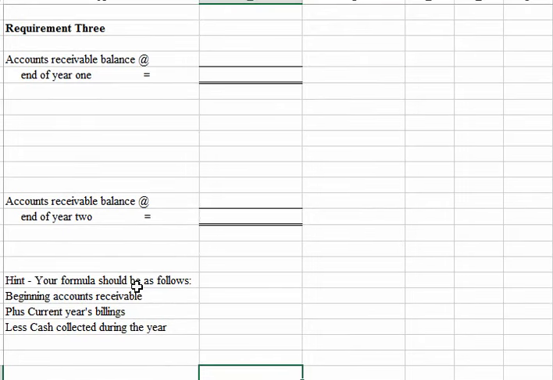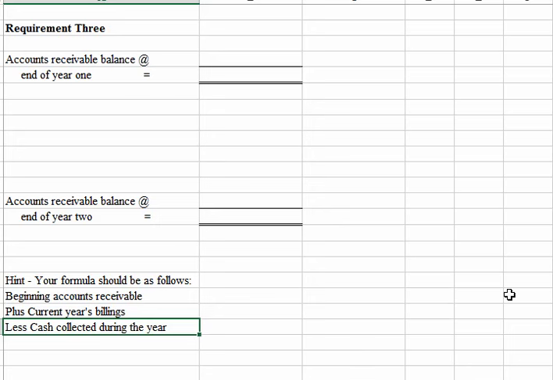Your formula would be, you probably figured this out already, the beginning accounts receivable balance plus what we billed that year minus the cash we collected. And that should make sense. Whatever accounts receivable was to start the year, we'd add to that, or increase accounts receivable, by what we billed our customers, and decrease it by what we collected from our customers. Whatever's left over would be our ending accounts receivable balance.